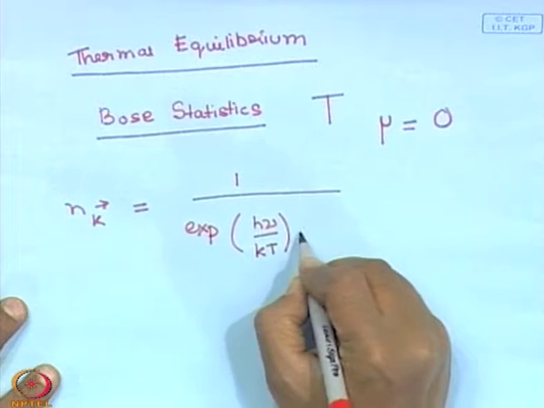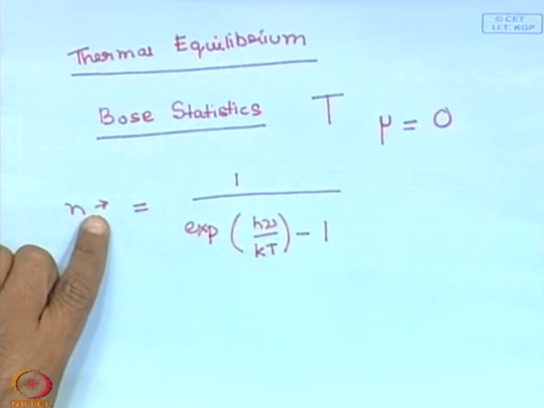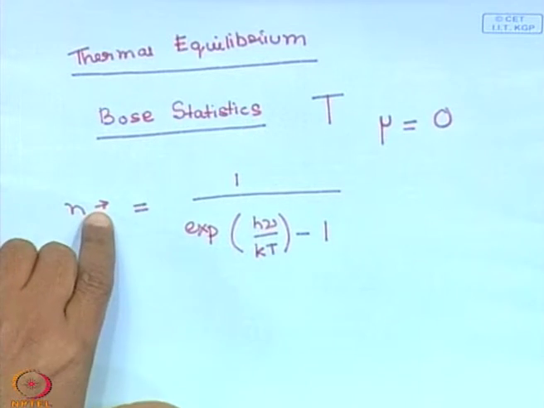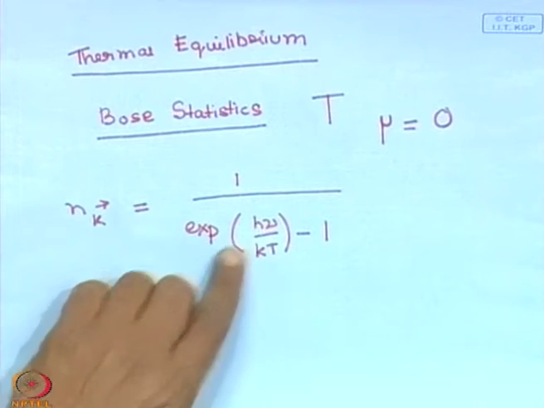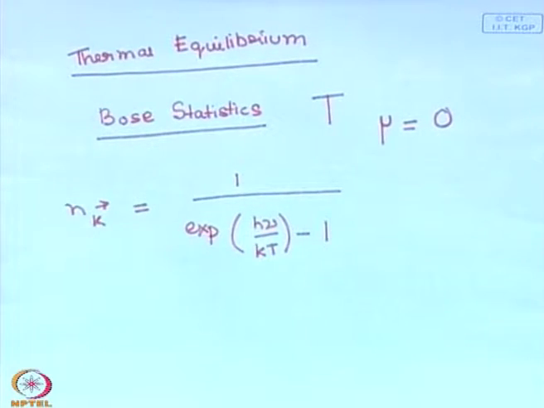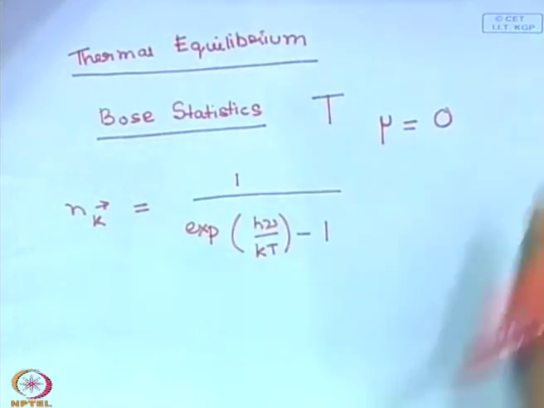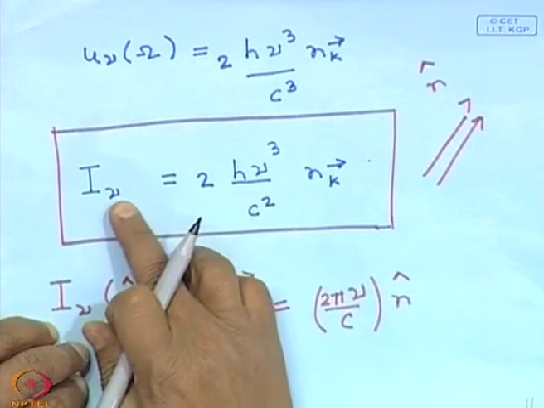The wave number is converted to frequency, as we have just seen, and you put it in here, and this tells you how many photons there are in this mode. Once you assume thermal equilibrium, you can straight away plug it in here and you get the Planck function.